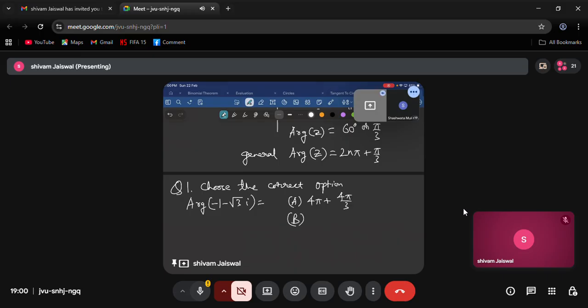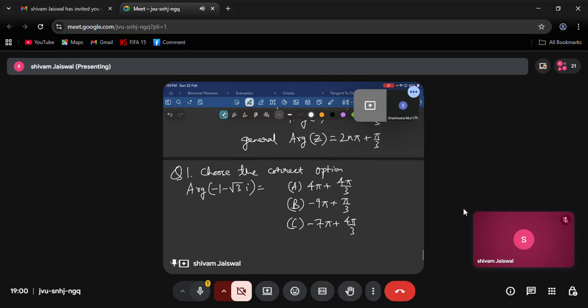Option B, minus 9 pi plus pi by 3. Option C, minus 7 pi plus 4 pi by 3. Option D, all of the above. So once you have done it, send your answers. It's multiple correct type.